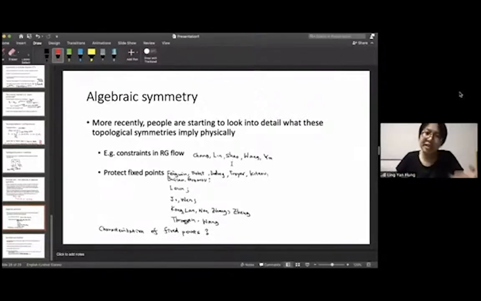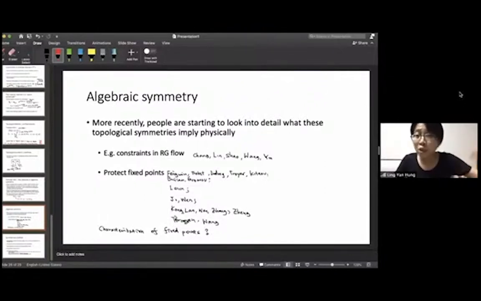Then certainly they commute with the Hamiltonian, and so they're just like symmetries, except it's not a group symmetry, because the fusion rule between these topological defects in general doesn't form a group multiplication. In general, it's some non-trivial fusion algebra. So some people call this algebraic symmetry. More recently, people call this categorical symmetry.